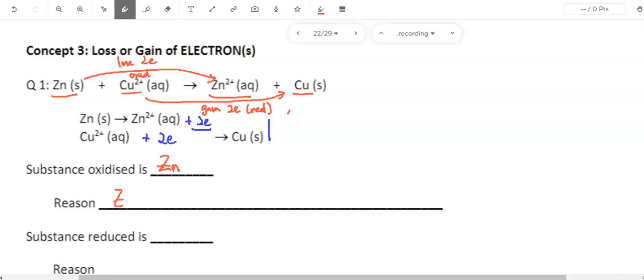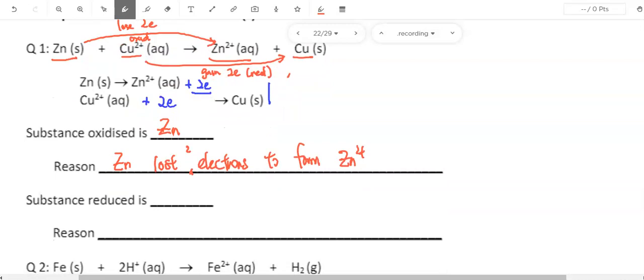The reason is really because Zn lost electrons to form Zn2 plus. You want to be more precise? Yes, you can write 2 electrons over here. Same way, the substance that is reduced is actually Cu2 plus. How do you know? It's because the reactant, Cu2 plus, gained electrons.